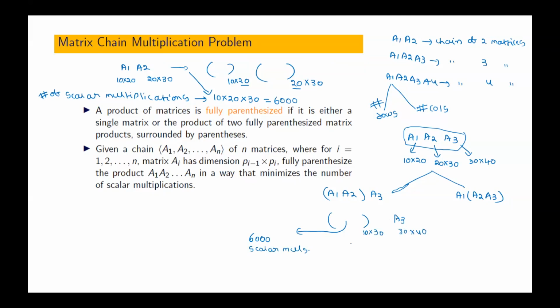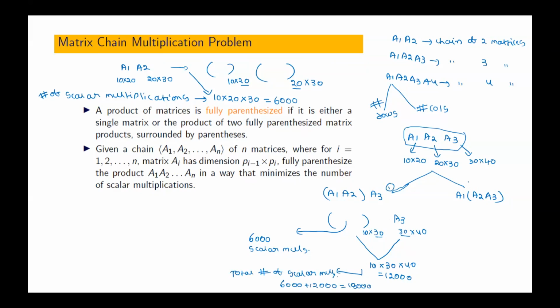Now, to find the product of these two, how many scalar multiplications are required? 10 into 30 into 40, that is 12,000. So the total number of scalar multiplications in this case is 18,000. This is one way of doing it.